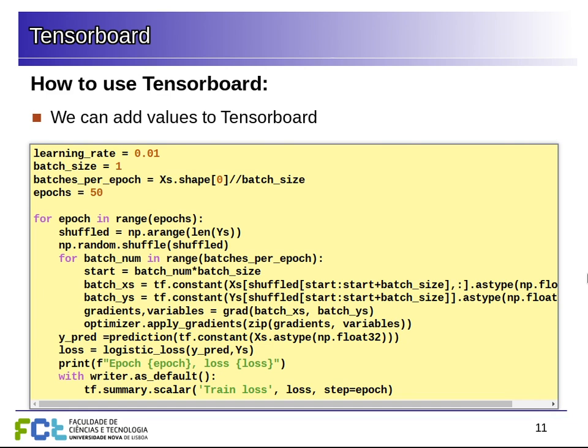So if you just want to write a scalar value to do a plot, you use this scalar method here on TF summary. Note that we are using our writer as the default writer, so it's going to write into our particular log. And we can put the label, the value, and the x coordinate, which is the step we are on. So typically the steps will be the epochs, so that we can then trace the loss function over the epochs.